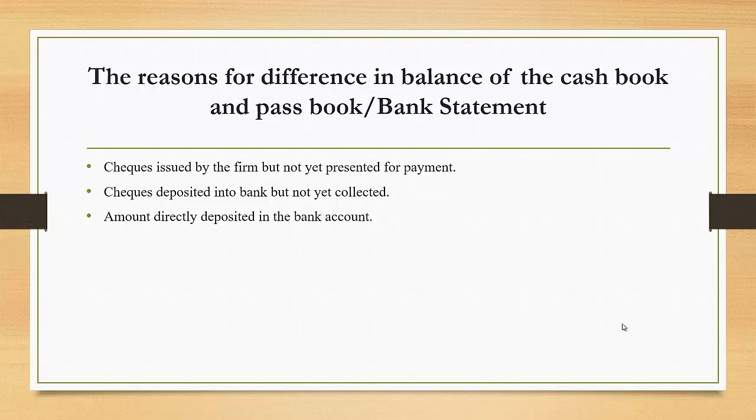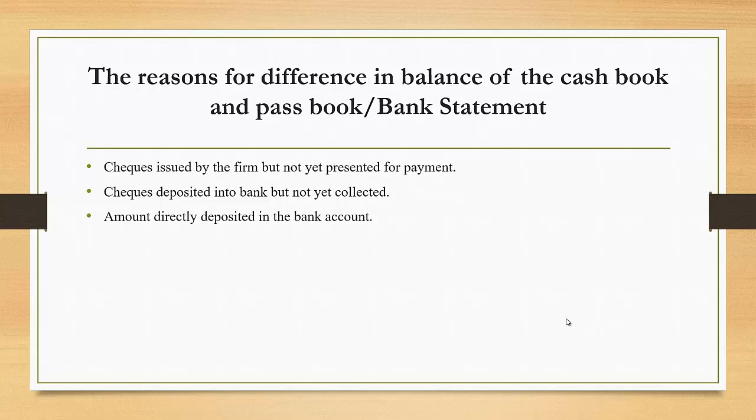It will not show in the bank statement of that particular month, but will appear in the next month's bank statement. So again, uncleared checks, or checks in the process of clearance, cause a difference between bank statement and cash book.